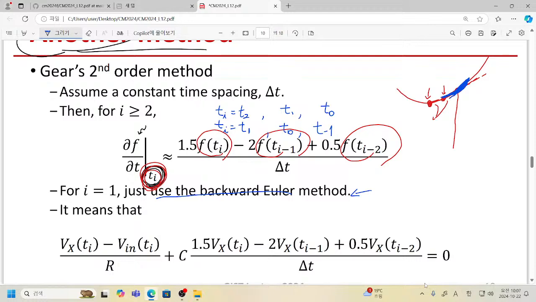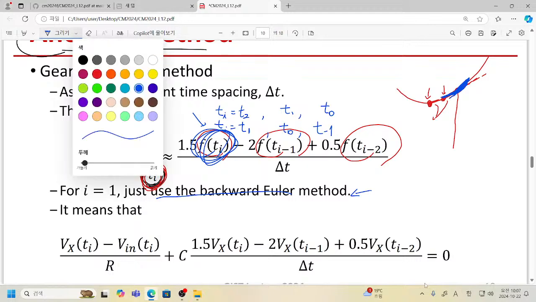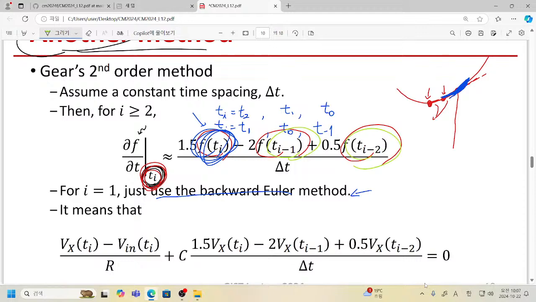Point is, think about the numerical calculation. Is it more difficult to use Gear's second method than our previous backward Euler method? Actually not, because this is just evaluation, and previously that was regarded as a solution, an unknown variable, and even in this Gear's second method, still these two components are just regarded as given numbers, known values.